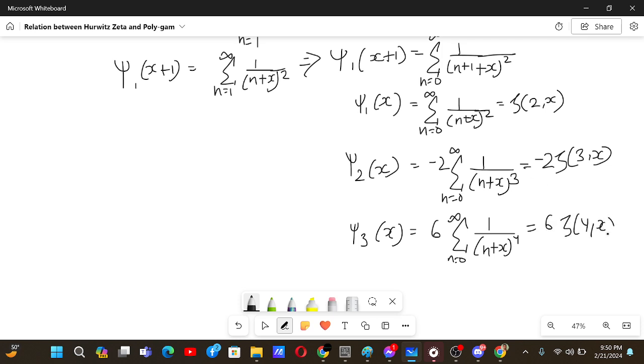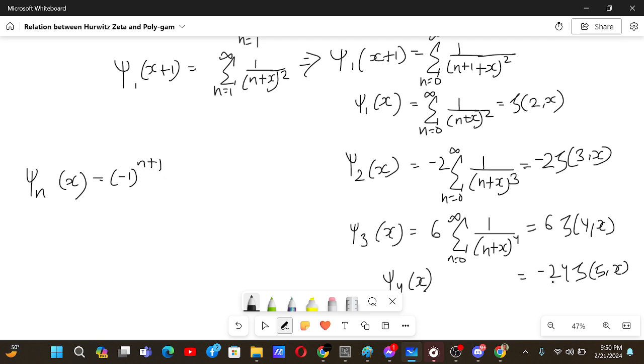Now you can probably guess the next, polygamma function base 4. This will just be minus 24 times Hurwitz zeta of 5 comma x. So I think you can clearly notice a pattern that we can make now. If we have polygamma base n of x, for odd there's no minus 1, for even there is, so that means we can write this as minus 1 to the power n plus 1.